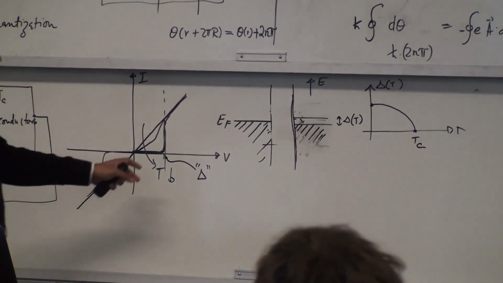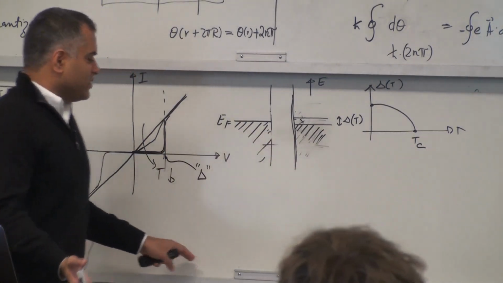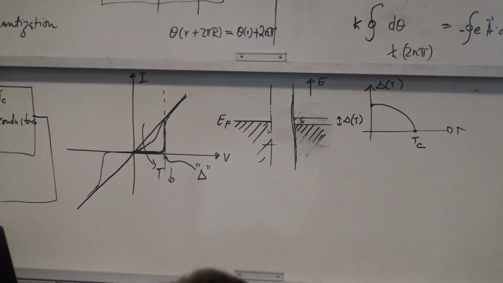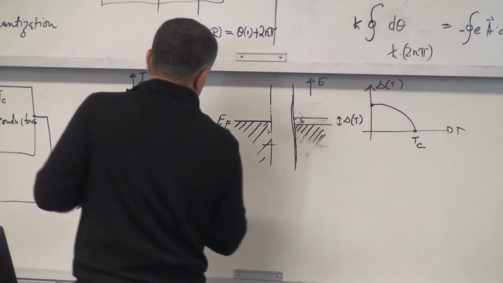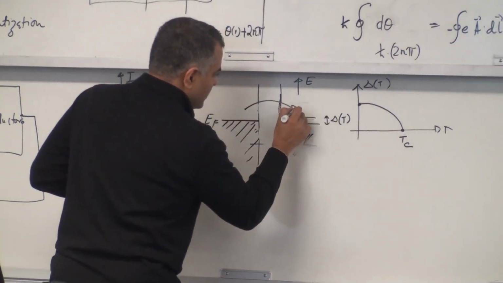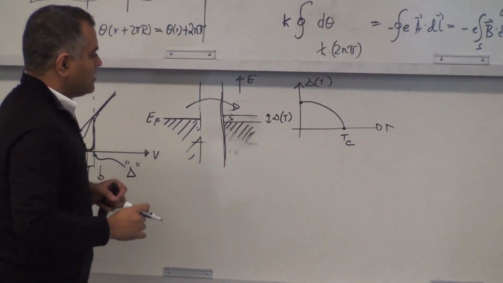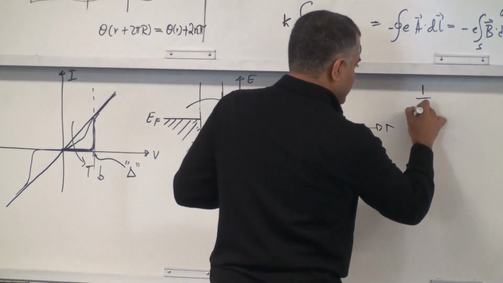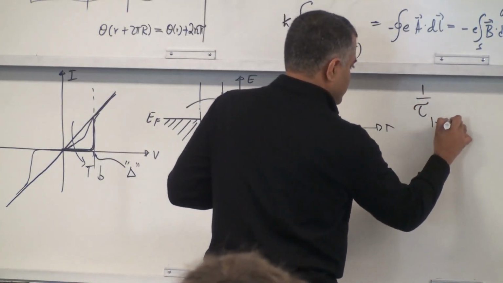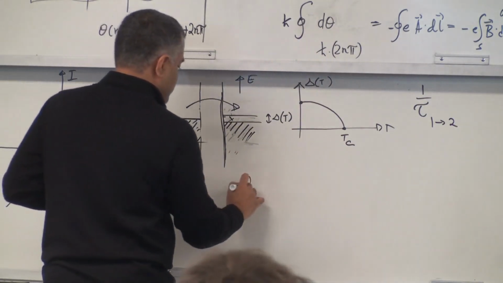And a very simple way to explain this, you now hopefully are a little comfortable with things like Fermi's golden rule. You can write down the current very easily. So what we can do is think of electrons or particles going from here to there, and I think you did this in the third assignment. So what is the rate at which particles may go from region 1 to region 2?